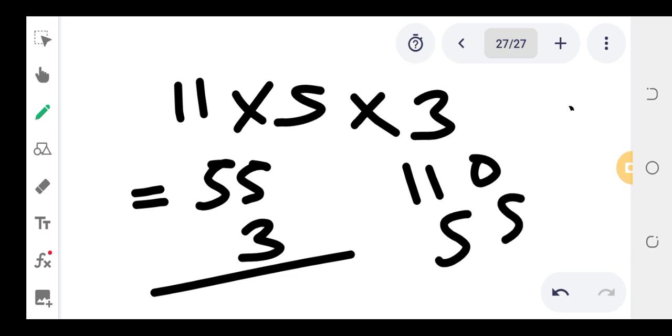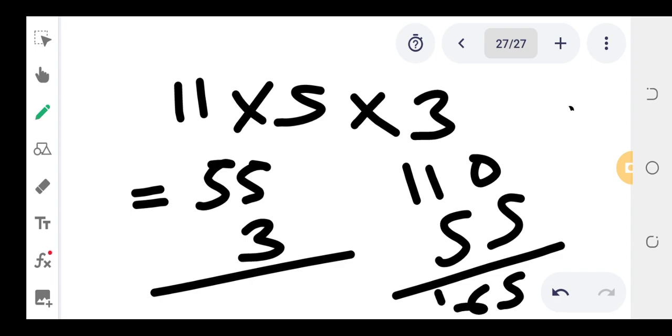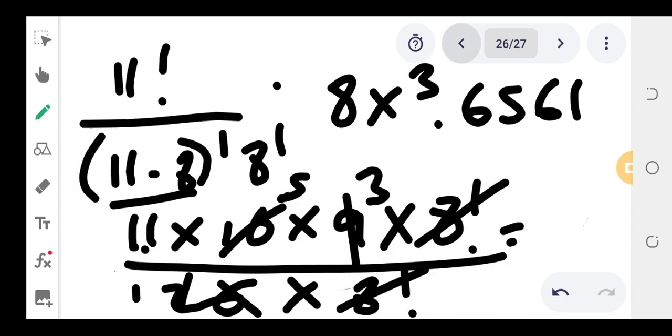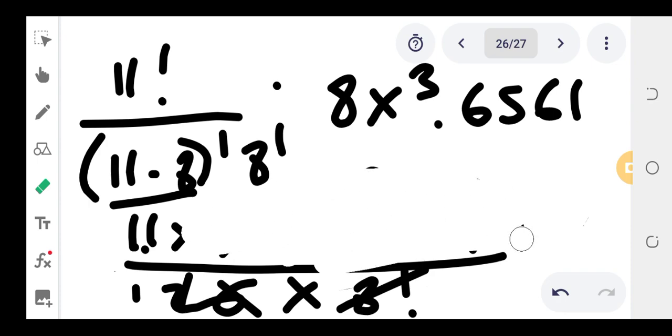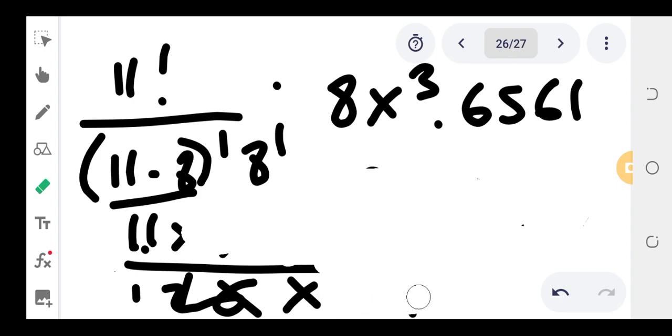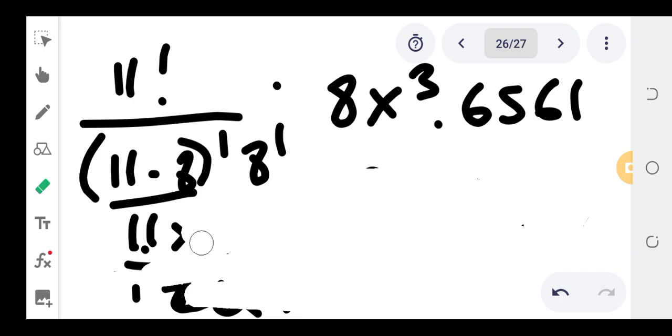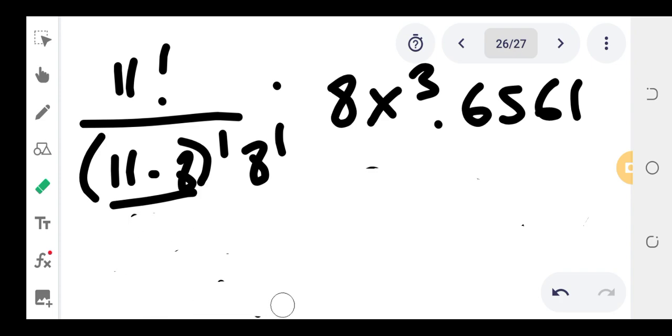So if I add 55, I must get 165. So let me go back to this. I have got 165. So 11 combined 8 is giving me 165 as a total.